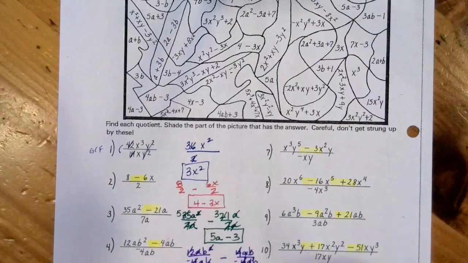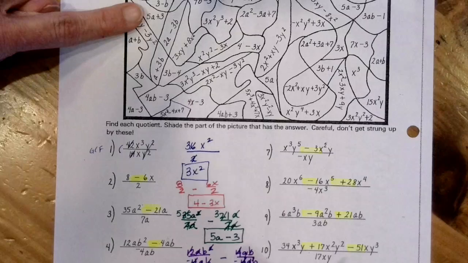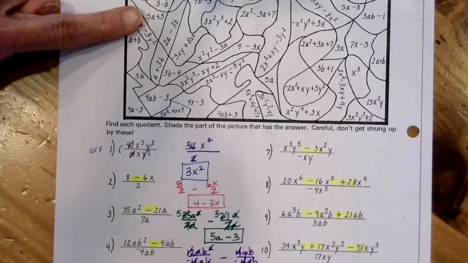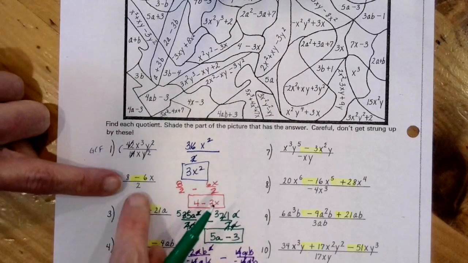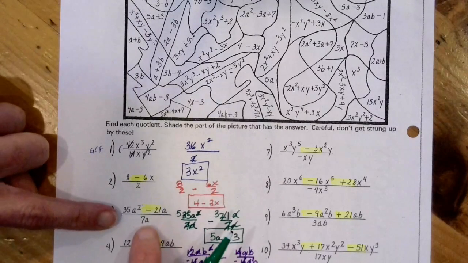And do I see 5a minus 3? I see 5a plus 3, but I definitely want 5a minus 3. I wonder if that's a typo, because that's definitely minus. Come back to that one.